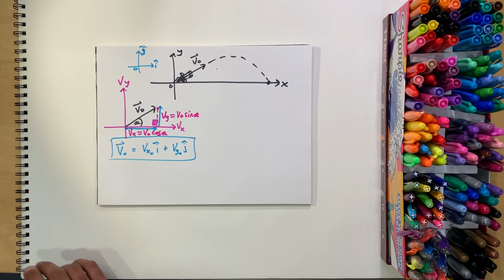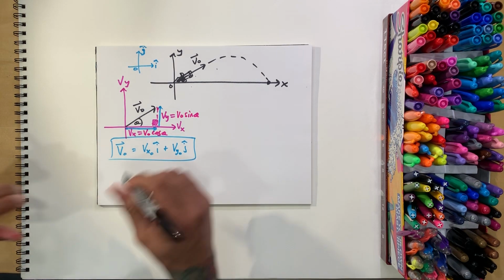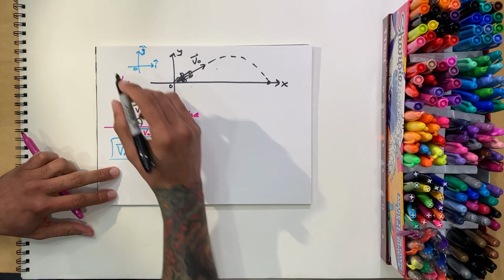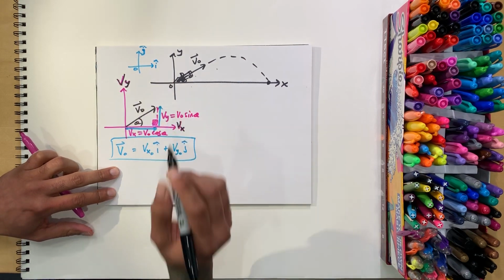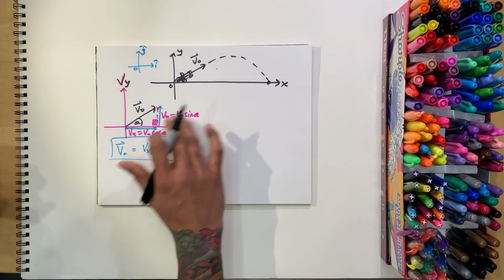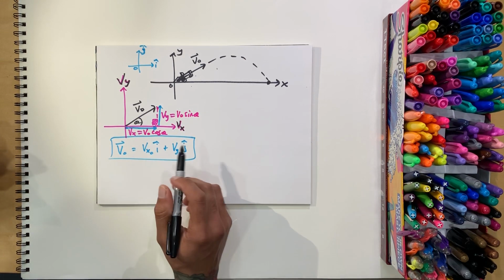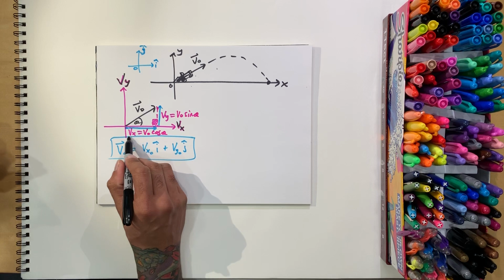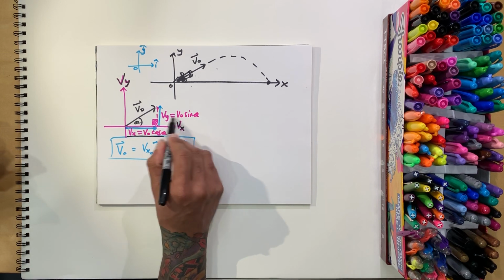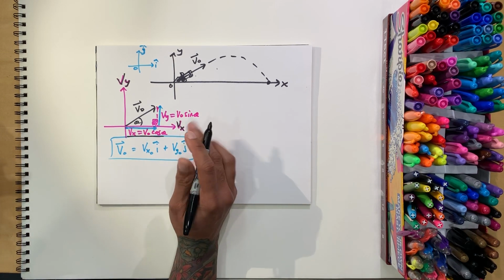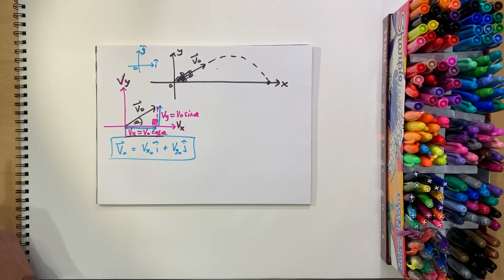And I'm expecting you to know some trig so we can move past that part, but if you're struggling with that, I have some other videos that go into detail about how to get these. Okay, so we have vx, right, and we have vy, and now we can continue.